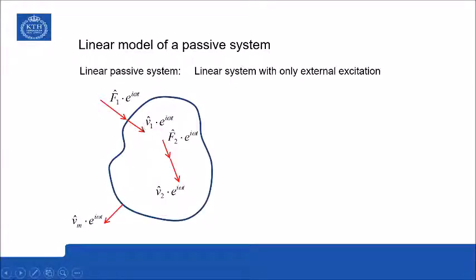the response in a set of, say, M points, then, as we know from a previous presentation, we can use the frequency response function model to represent this response vector, the responding velocity vector, as the product between a frequency response function matrix and the exciting force vector.